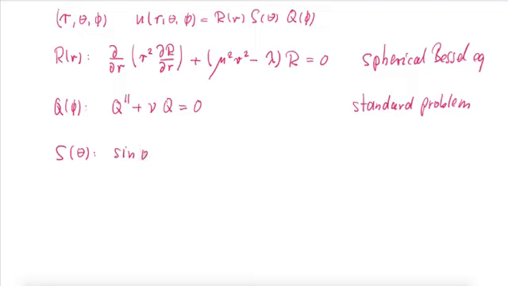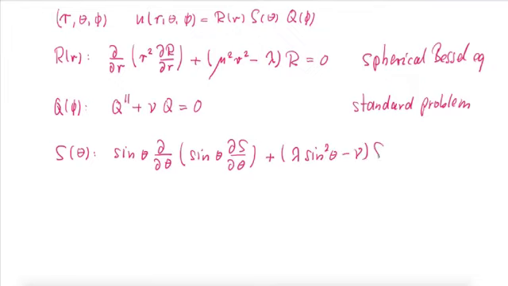So this is now sine theta d by d theta of sine theta ds by d theta plus lambda sine square theta minus nu s is equal to 0.